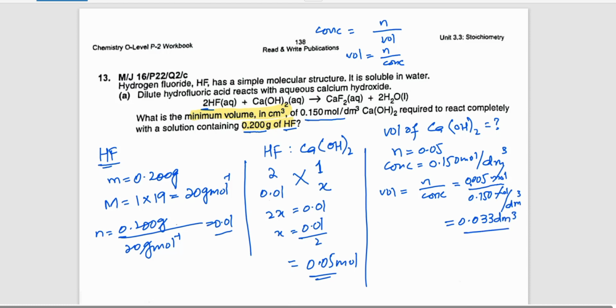But you know that the volume has to be in cm³. To convert dm³ into cm³, we multiply 0.033 by 1000. So simply we get 33 cm³. This is the answer.